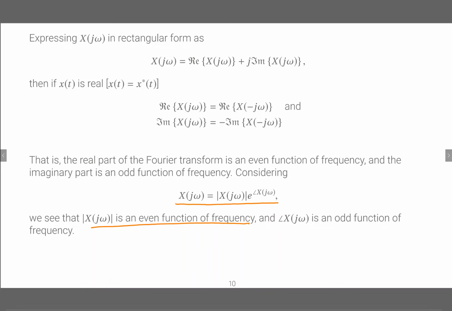The angle we get by taking atan2 of this divided by this, so you can see it is an odd function. The magnitude, of course, is real, because you square them and take the square root. This is for a real signal only.